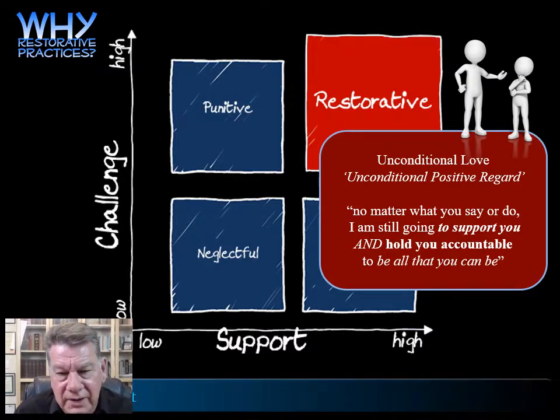So we can refer to this corner of what we call the social discipline window as operating in unconditional love, or if you're uncomfortable with that term, you can use the psychological term unconditional positive regard. Basically it says, I don't care what you do or say, I'm going to hold you accountable and I'm going to support you to be the best version of yourself you can be.